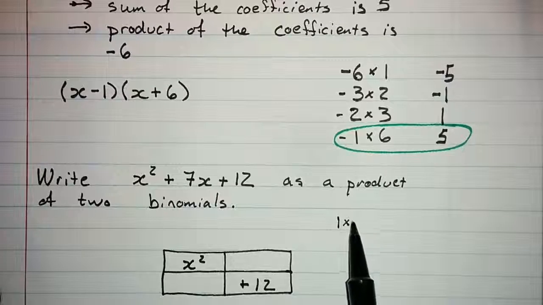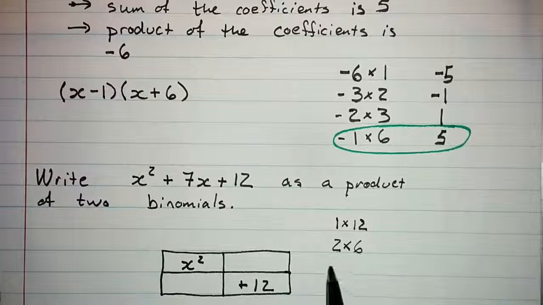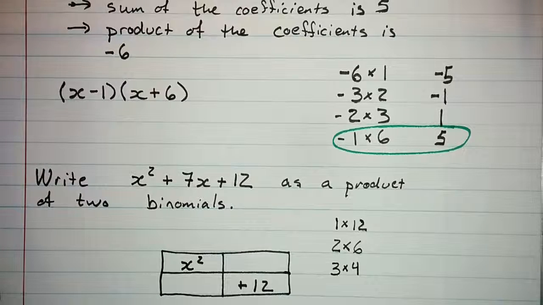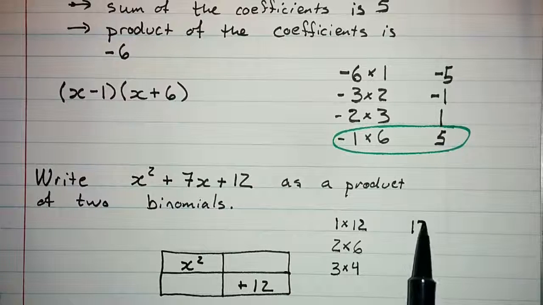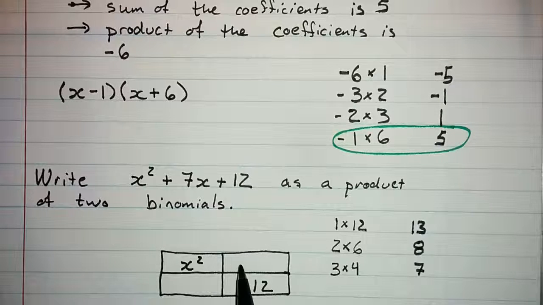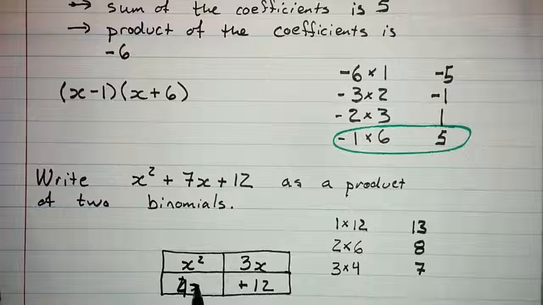Well, 1 times 12, 2 times 6, 3 times 4, and then the other way around, right? So 1 plus 12 is 13, 2 plus 6 is 8, 3 plus 4 is 7. There we go then. So we'll have 3x and 4x.